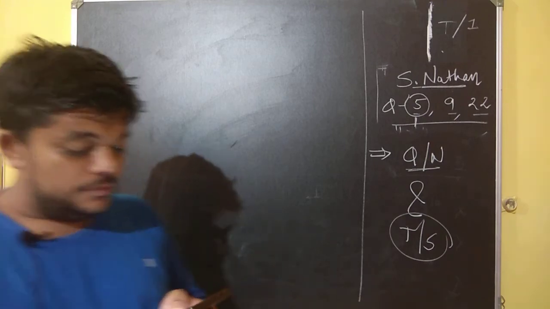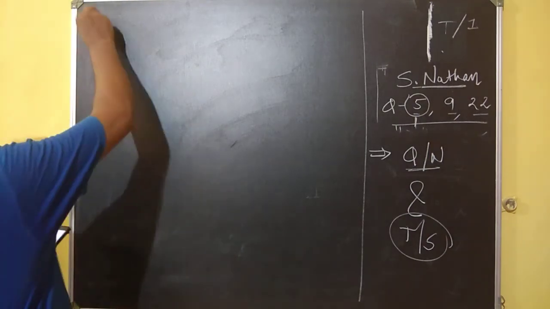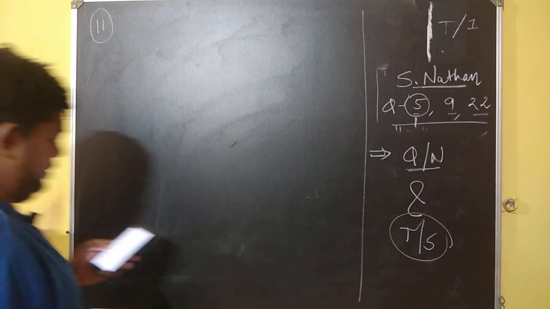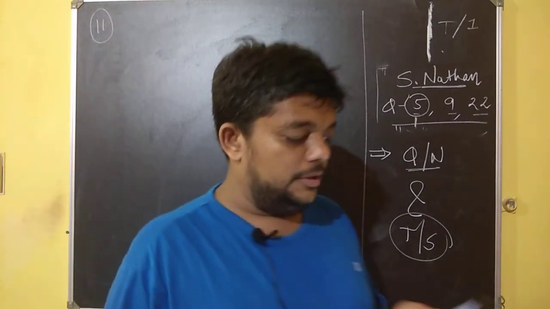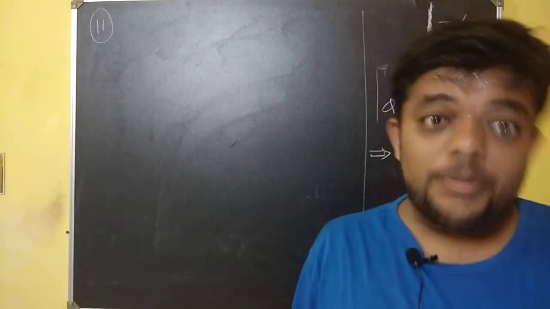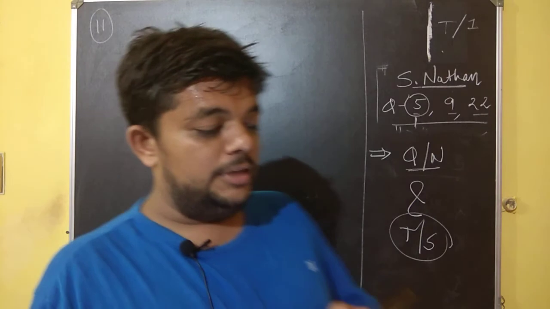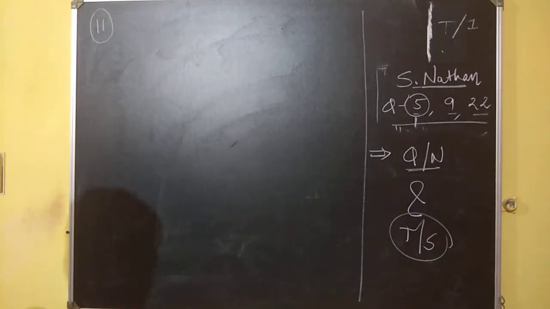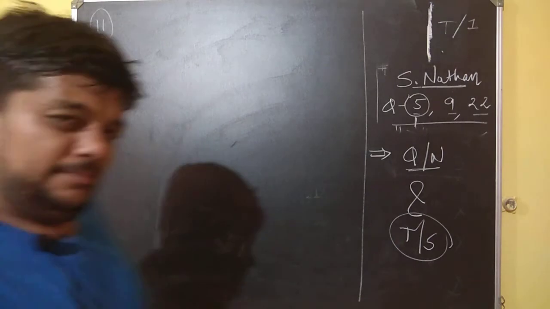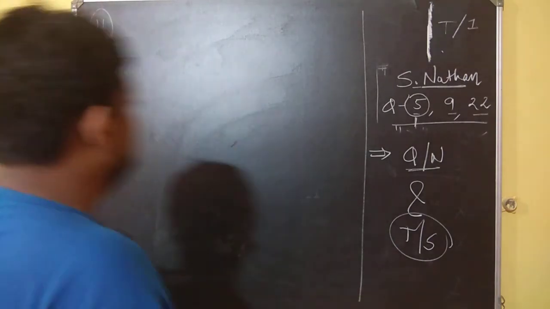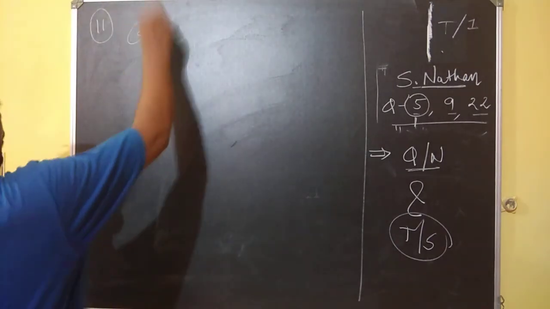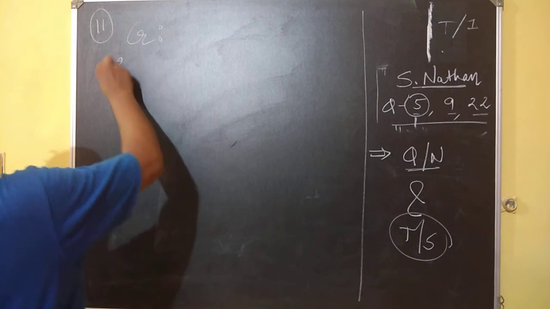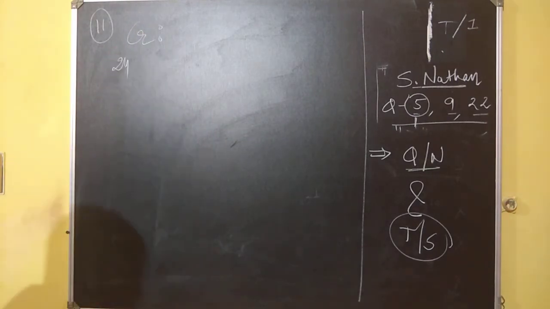Now, question number 11, these kinds of questions are quite important. What will be the number of electrons in the ground state of chromium having subsidiary quantum number L equal to 1 and L equal to 2 respectively? Subsidiary quantum number is nothing but azimuthal quantum number. Here, chromium is 24.